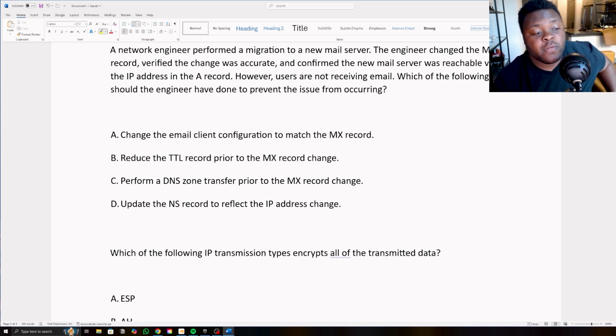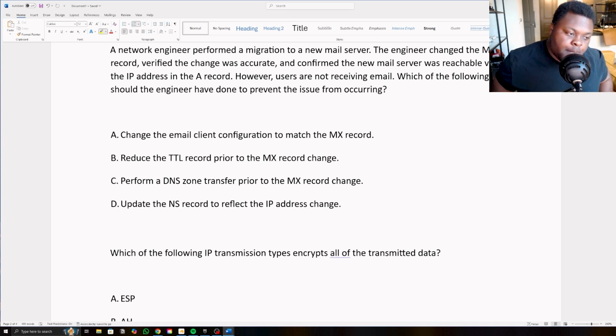Answer choice C is perform a DNS zone transfer prior to the MX record change. A DNS zone transfer is just not related to a new mail server. Answer choice D is update the NS record to reflect the IP address change. NS is name server, and it also has nothing to do with a new mail server migration.